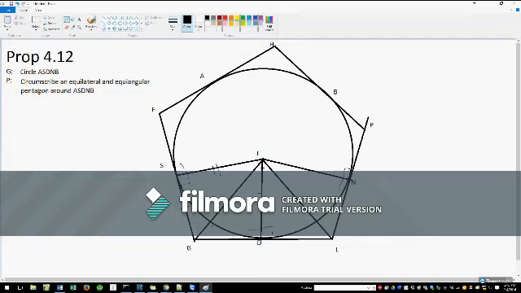Then because SG is equal to GD and GT is common, the two sides SG, GT are equal to the two sides DG, GT, and the base ST is equal to the base TD.